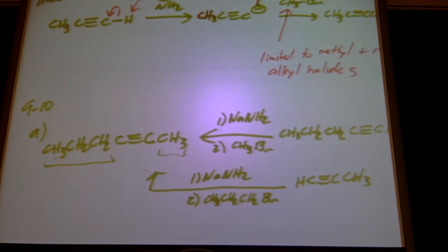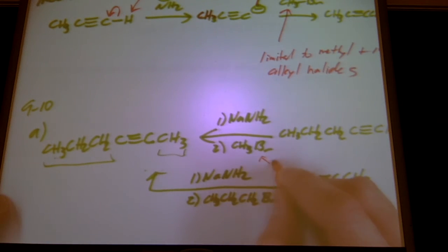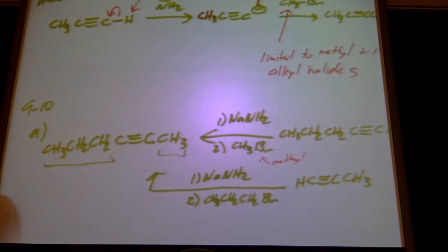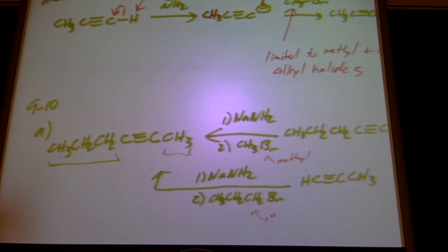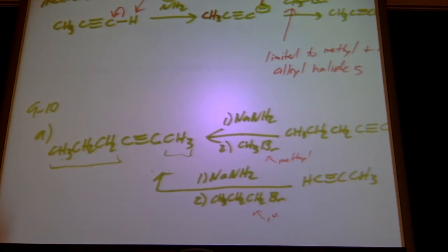Now on this one, I want to check. So this is a methyl halide. This is a primary halide. And so they both would work. Methyl would work a little bit better, but they both would work.